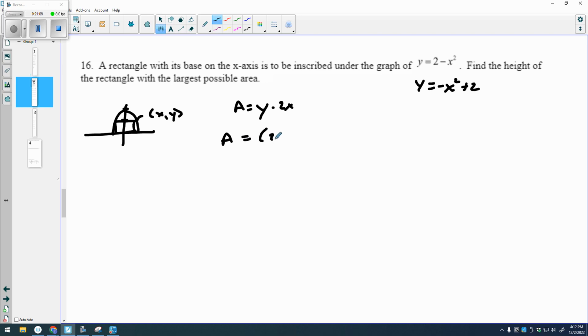In terms of x, my equation is 2 minus x squared times 2x. Okay, and so A equals, multiply, and we get 4x minus 2x cubed.